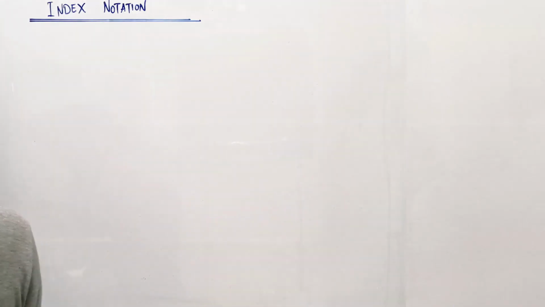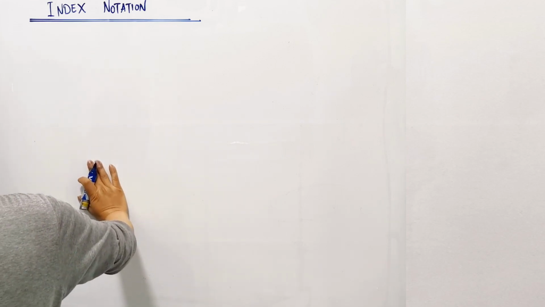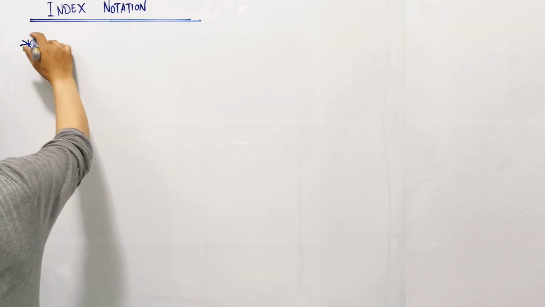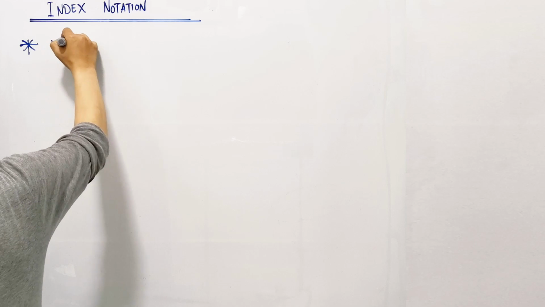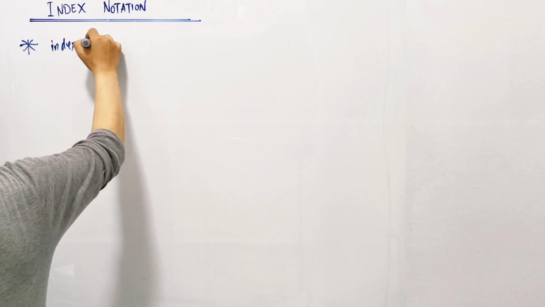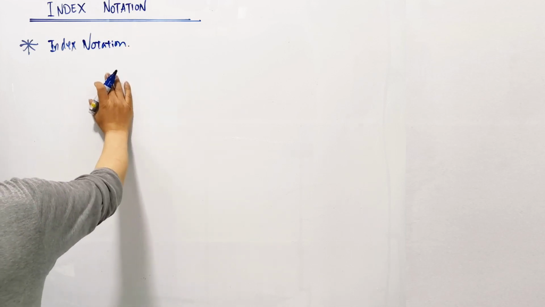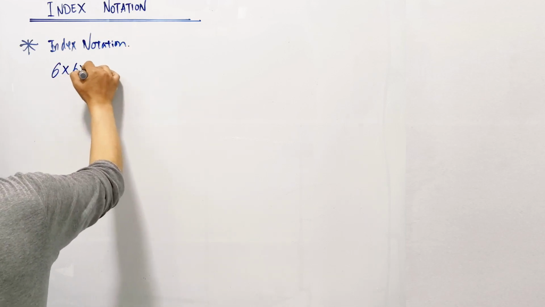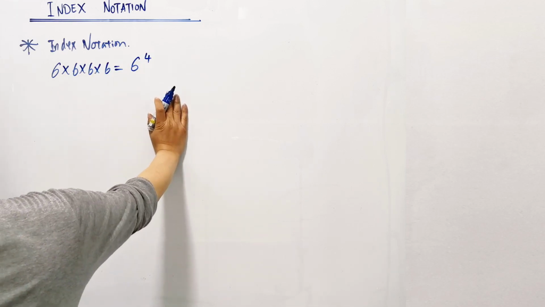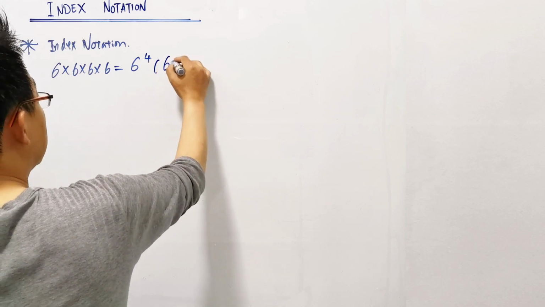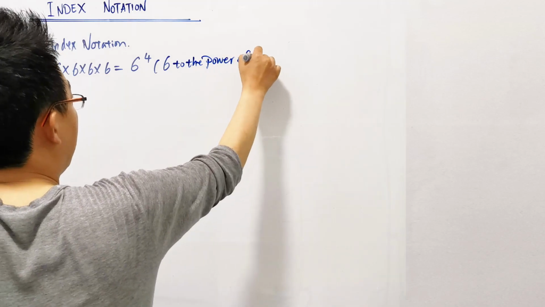Let's do a summary here. If we have index notation, effectively we have 6 times 6 times 6 times 6, which equals 6 to the power of 4, right?